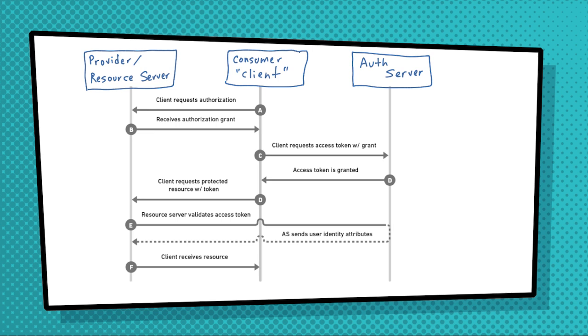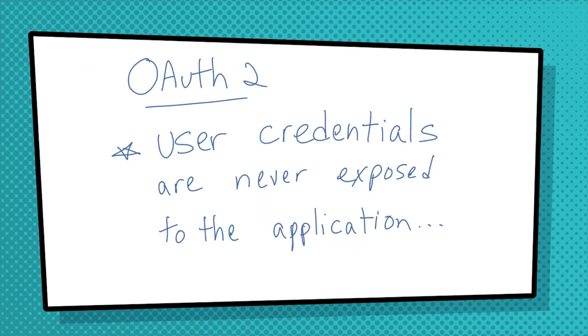Each of them has its own implementation. Now what makes OAuth notable is the fact that the user's credentials are never exposed to the consumer application. The consumer is only given a temporary token that expires. That's the reason it's temporary, and it can also be revoked by the user or the provider application at a time when you don't need it anymore, right?